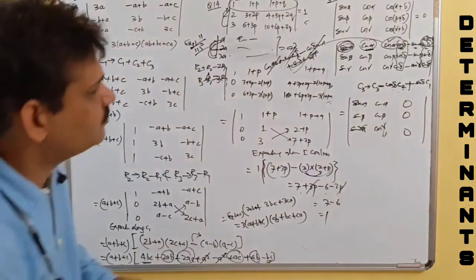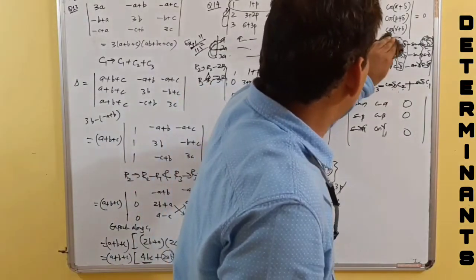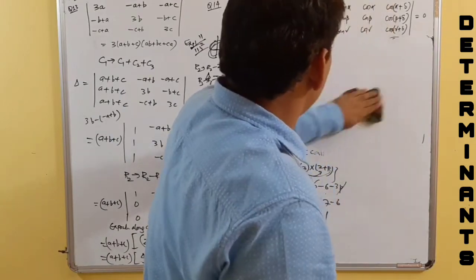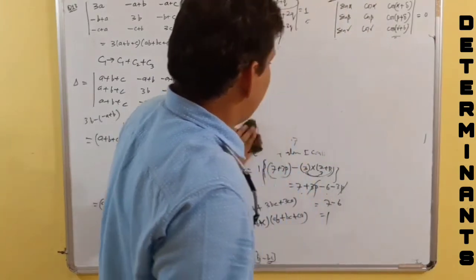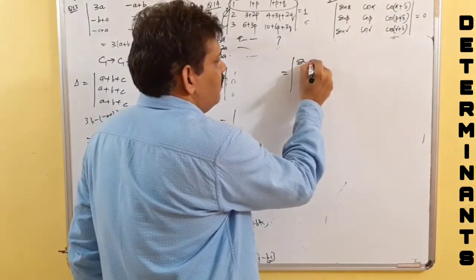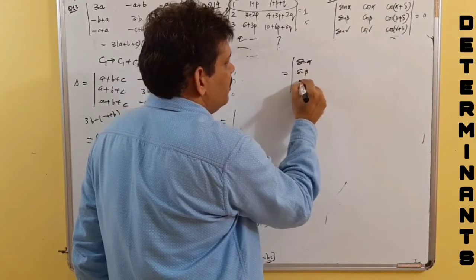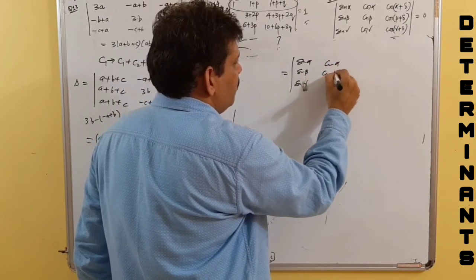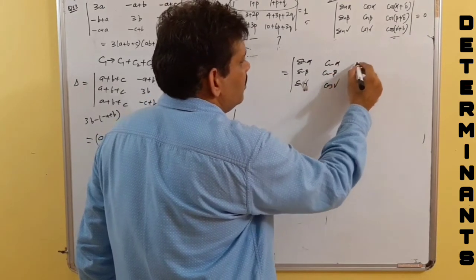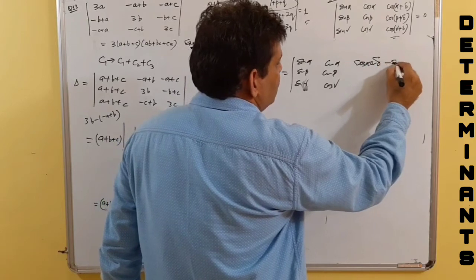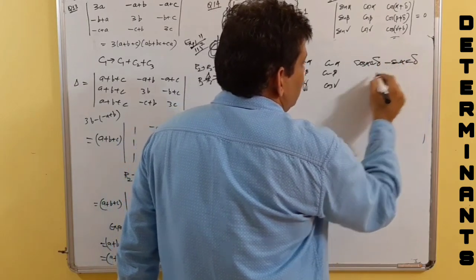Otherwise what we can do, we can split this. After applying the formula, we can split it into two parts. See how it works. This is sin alpha, sin beta, sin gamma. Here cos alpha, cos beta, cos gamma, cos alpha, cos delta, minus sin alpha, sin delta.